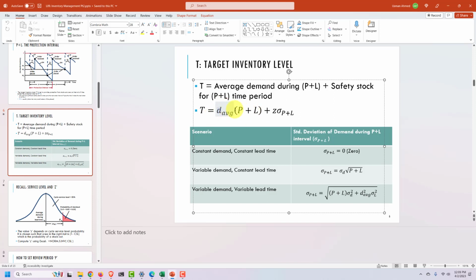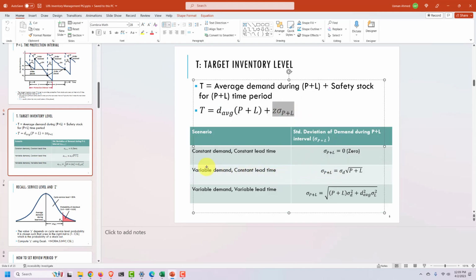Times P plus L in the same units, plus our safety stock, which is Z times sigma P plus L, and sigma P plus L is one of these 3 options. If it's constant demand and constant lead time, it's 0, which makes the whole safety stock term 0.